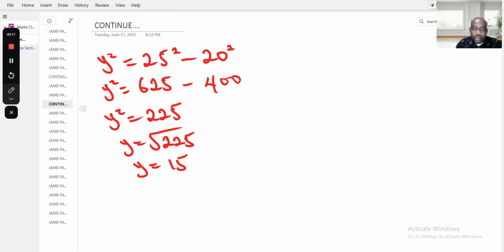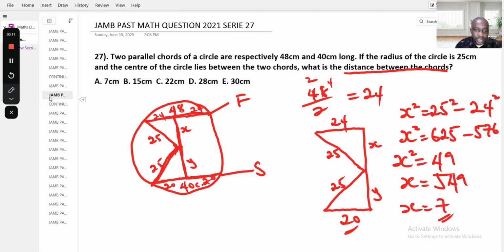The question said that we should look for the distance between the first chord and the second chord. Now, what did we get for x? We get x as 7 and y as 15.